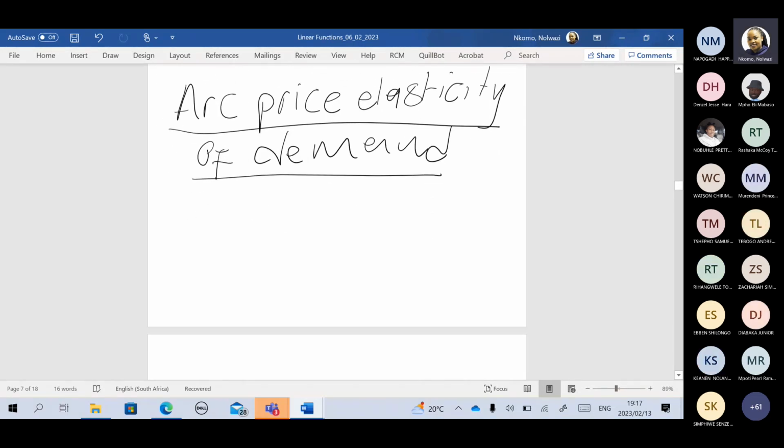Let's move on to the price elasticity of demand. Mr. Nkoma, quick question. Yes. Can you apply this to real world scenarios like, for example, currencies and stock prices? Yes, you can apply.